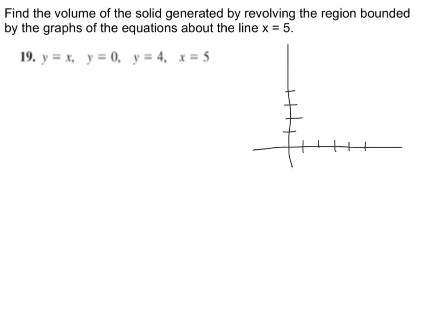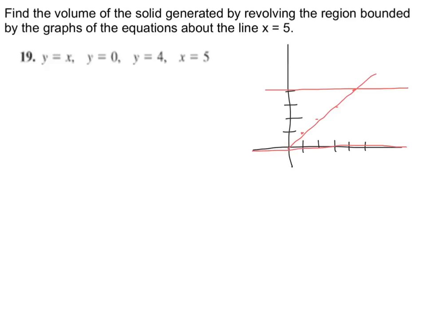All right, so let's graph them. So we have y equals x. So we have something that looks like that. And then we have the line y equals 4: 1, 2, 3, 4. So this. And then we have the line y equals 0, which is the x-axis.